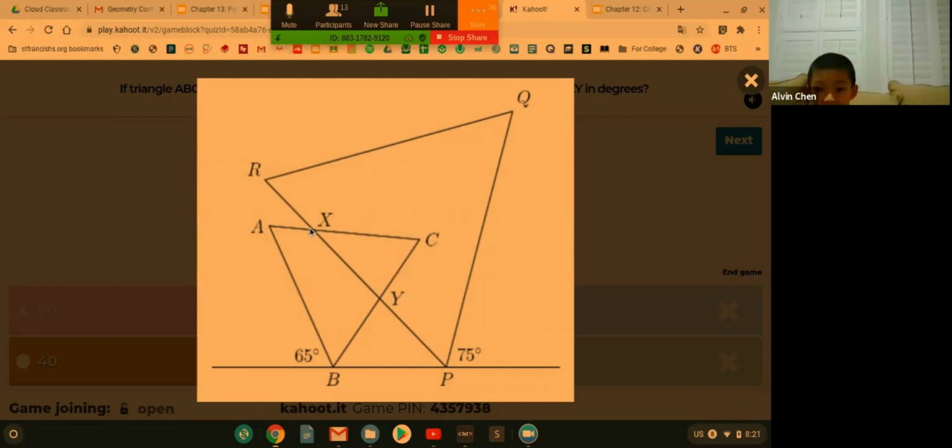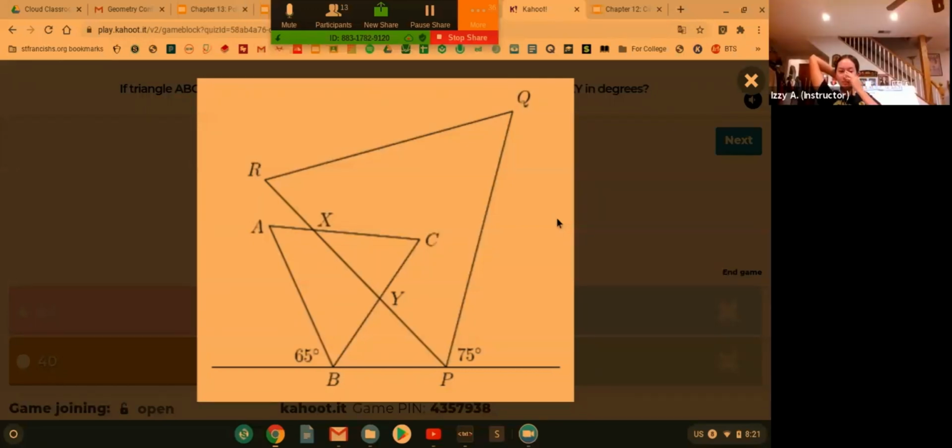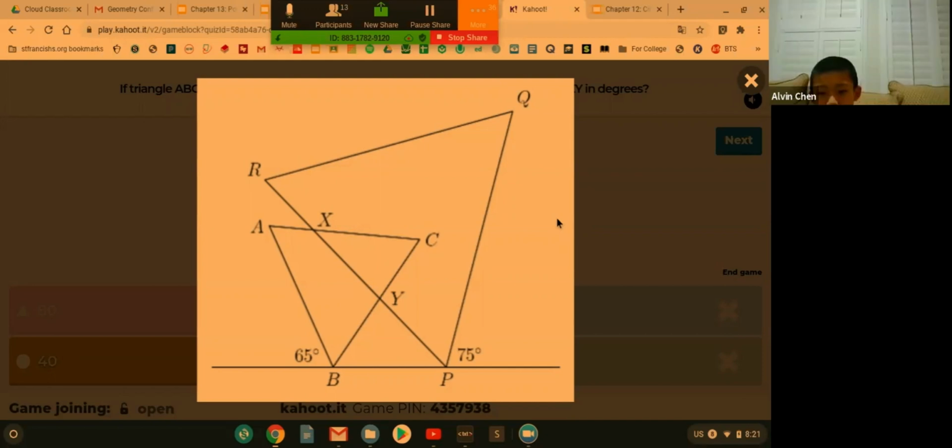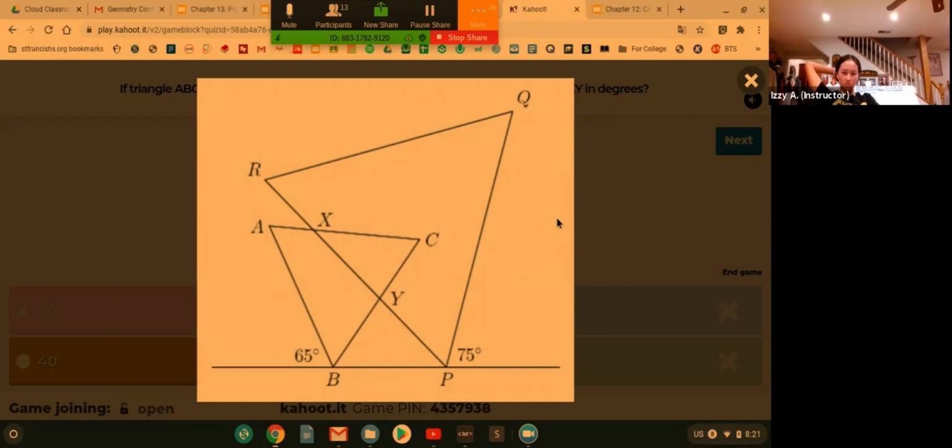Can I mention something? Yes. You don't actually have to find YBP and YPB. It just wastes time. You can actually just find their sum. Because ABC is 60 degrees, you have this angle, CB something, which would be 135, and the angle at YP on the line would be 135.